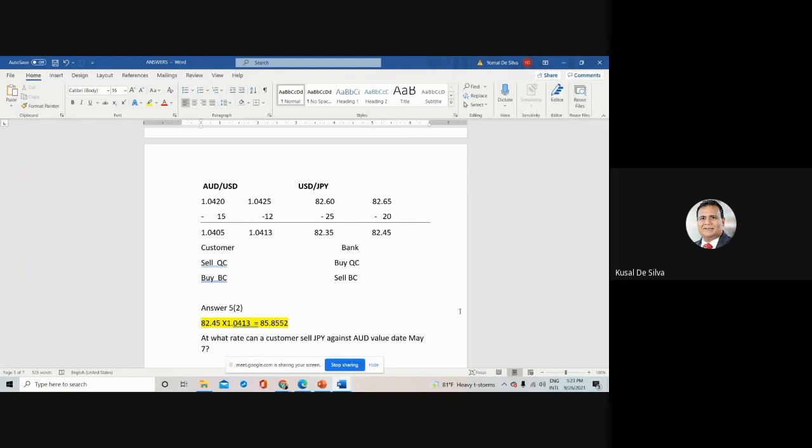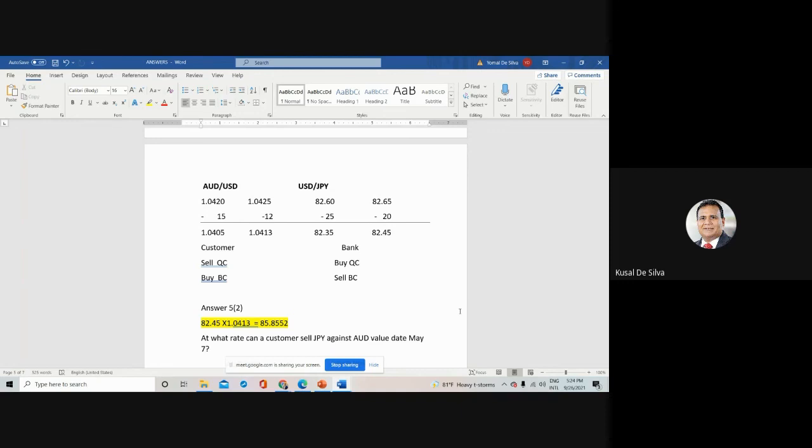It is simple. So, in summary, you need to understand whether it is direct or indirect. If it is direct, you divide, and you deduct the quoted currency from the base currency.